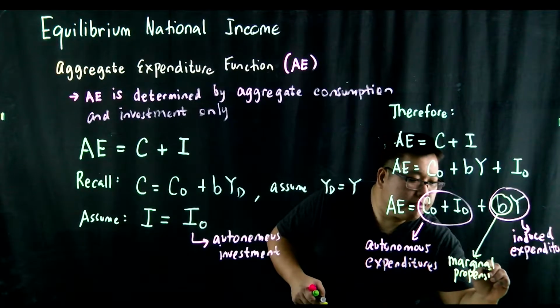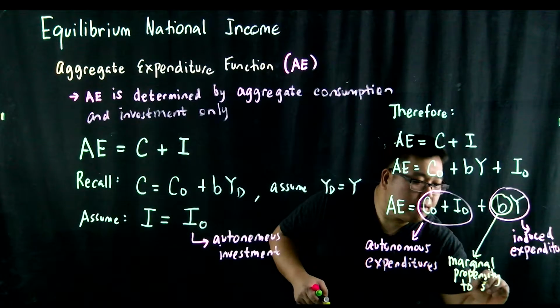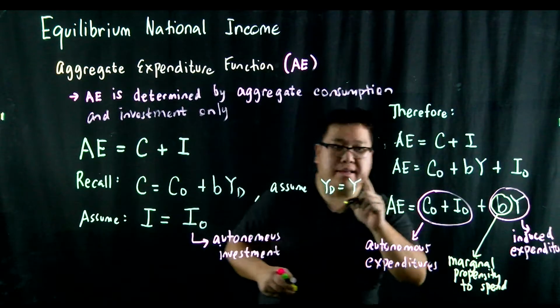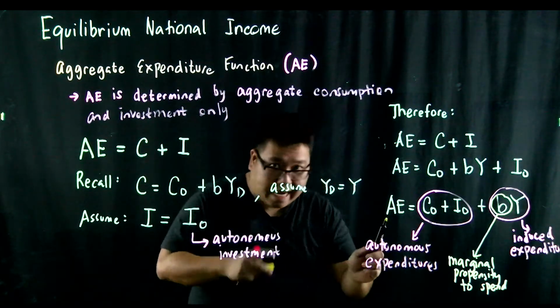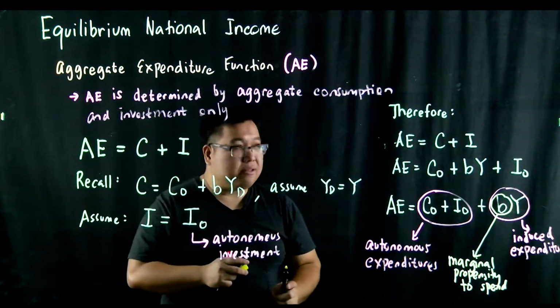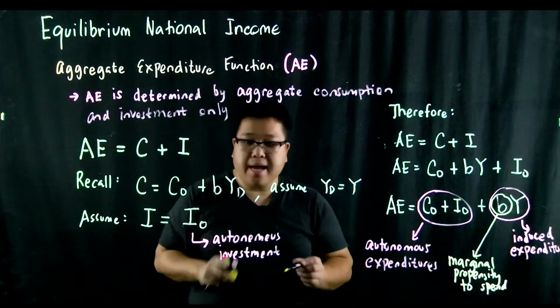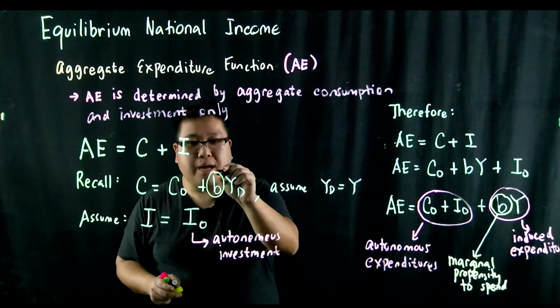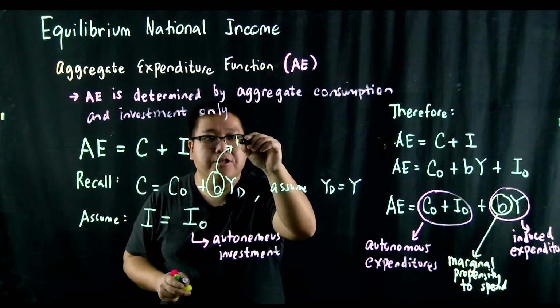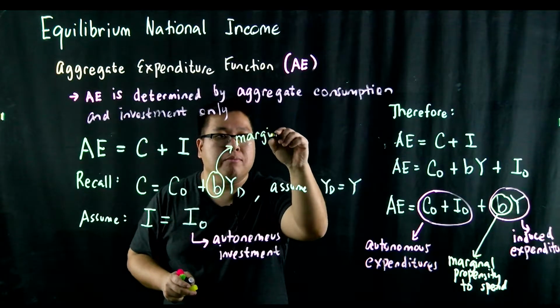Note the distinction, my friends. The B in AE is marginal propensity to spend. The B in the consumption function is marginal propensity to consume.